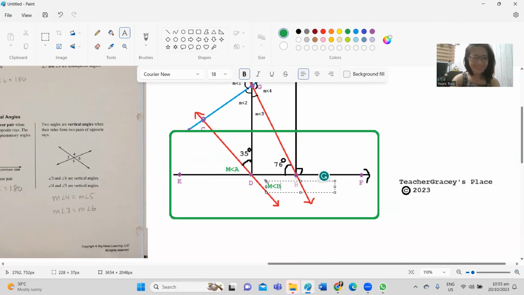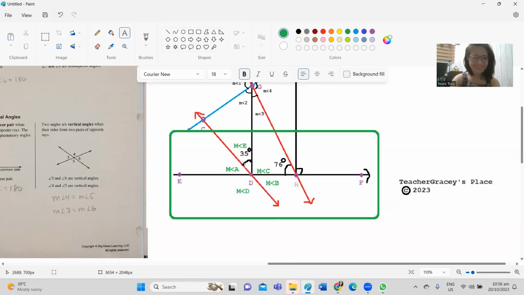So angle A and angle B. And we also have here angle C. This one is angle E. And this one is angle D.